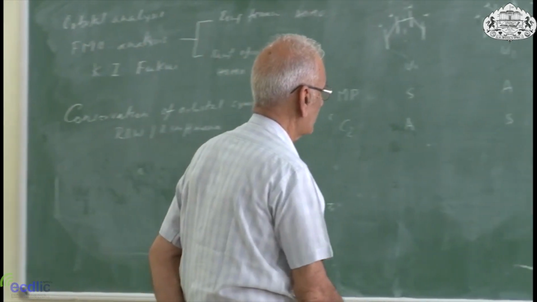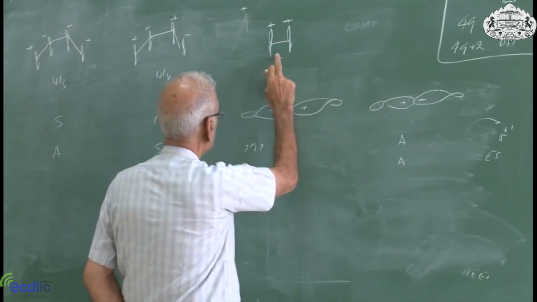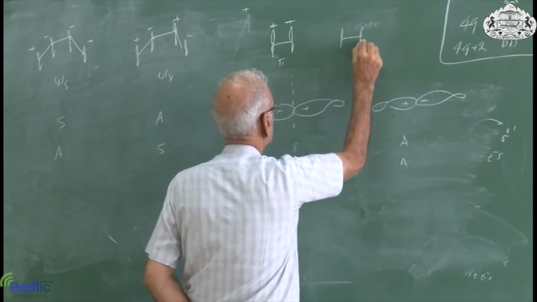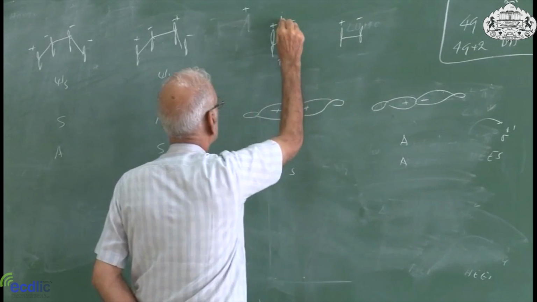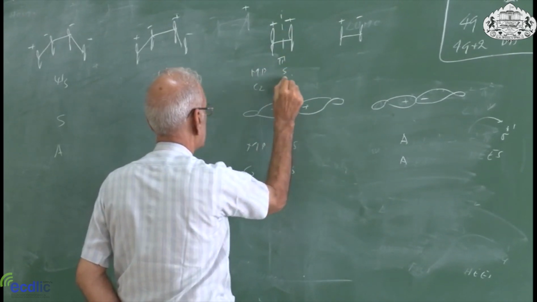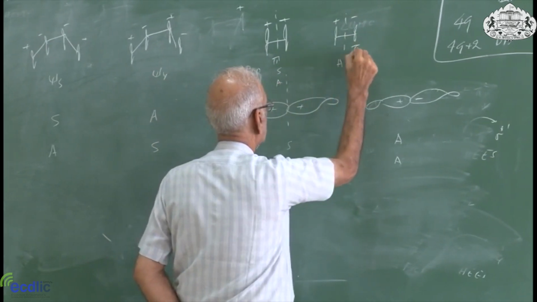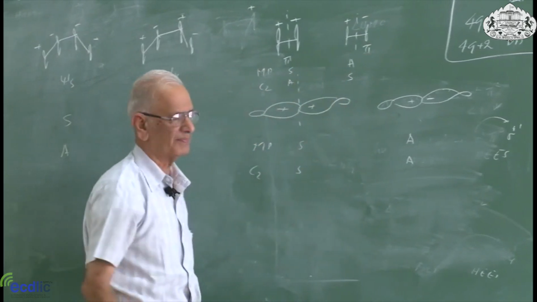And your 4 orbitals of cyclobutene are sigma, sigma star, pi, pi star. Mirror plane, symmetric, C2 anti-symmetric, mirror plane anti-symmetric, C2 symmetric.